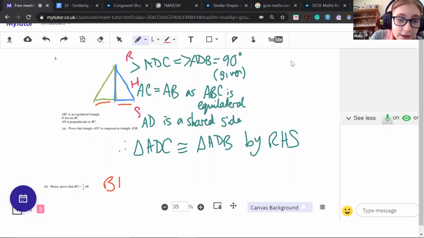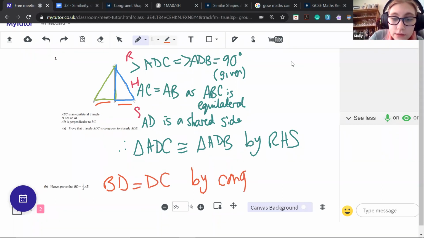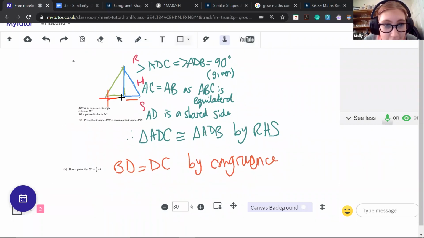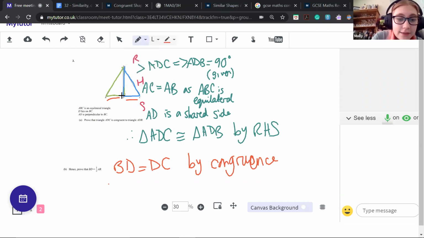So BD equals DC by congruence. And if they're the same, then that means that BD is half of BC, right? Because these are equal and 2 of them make up this whole thing. BD must be half of BC. So we say, therefore, BD equals half of BC.